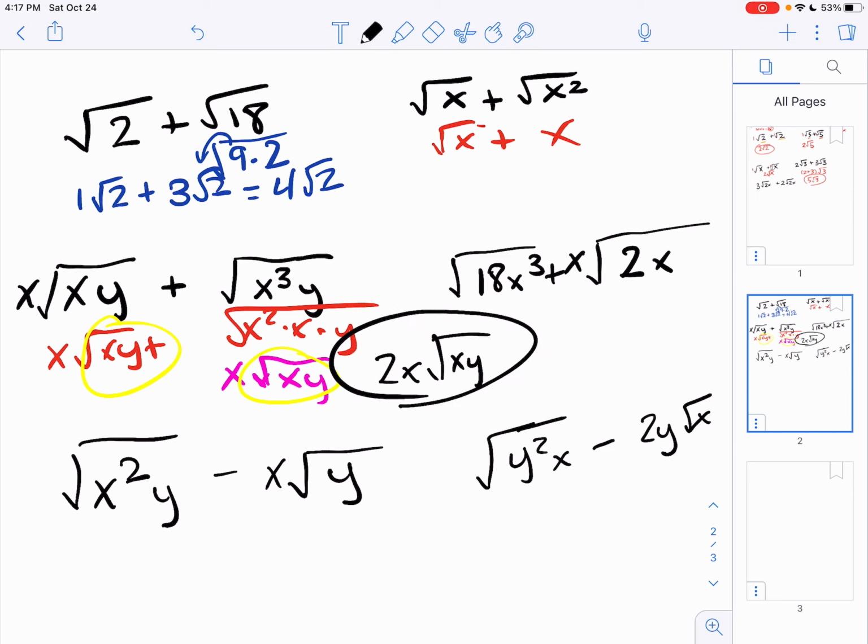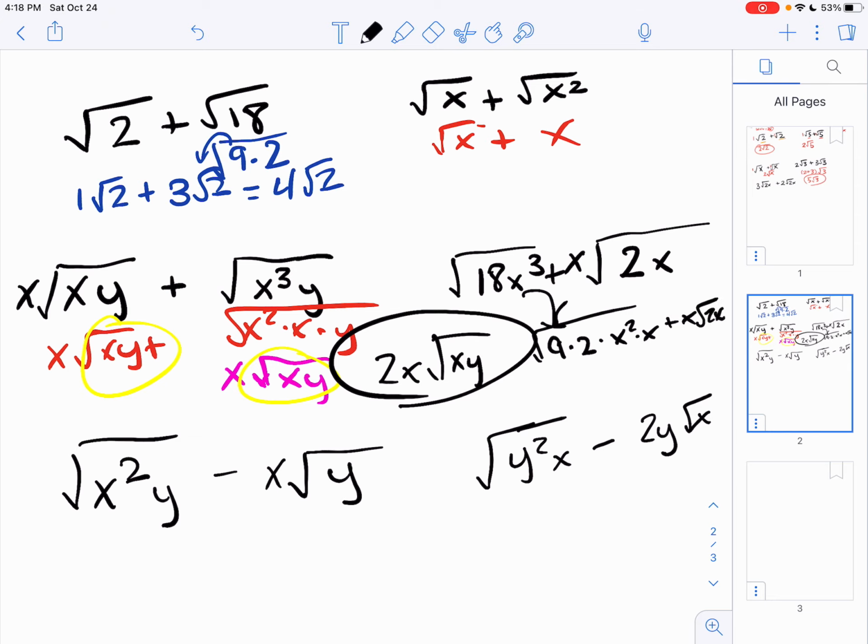All right. Now the next one, radical 18x cubed plus x radical 2x. So the 18x cubed, we can take out the 18. Well, we can change the 18 to 9 times 2. And then we can change x cubed to x squared times x. And we're going to keep our x radical 2x on the other side.